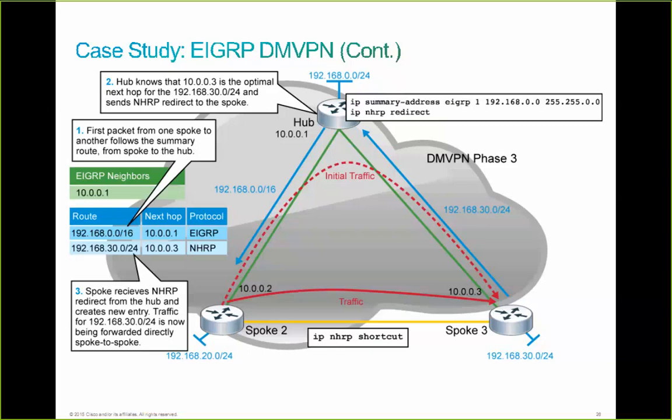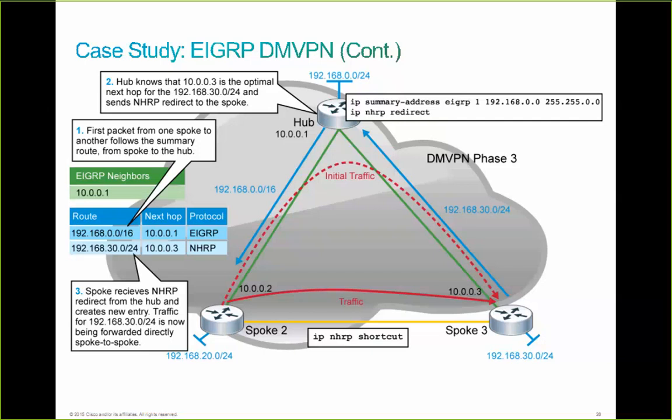So even though that initial packet would go through the hub, subsequent packets would be sent directly from spoke to spoke, right? The spoke router receives the NHRP redirect from the hub, and it gets configured with an ip nhrp shortcut, which creates a new NHRP entry into its routing table.